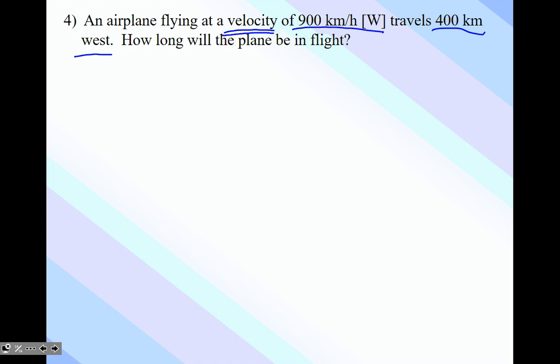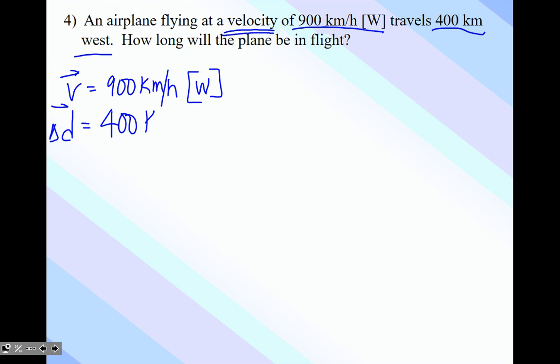Okay, let's write down everything that we know. We know our velocity, so make sure you include that little arrow. It doesn't have to look like a perfect little arrow. 900 kilometers per hour west, right? And now we know that our displacement is equal to 400 kilometers west, and we are looking for our time.